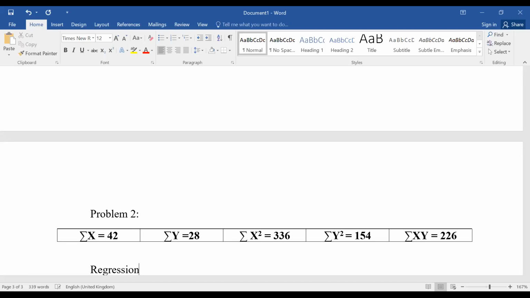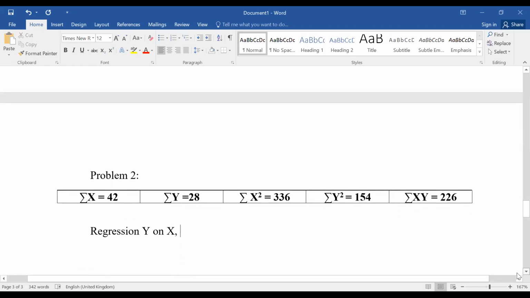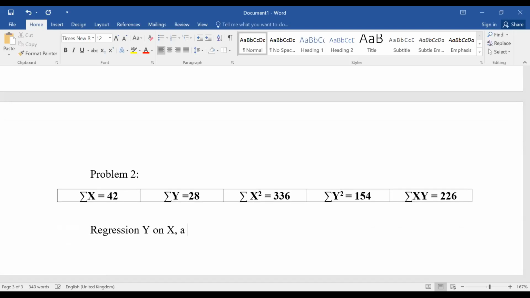Now the regression Y on X. Okay, so you know the formula. So substitute these values in the formula and get the A value, B value. First tell me what is the A value, and the B value. So that equation will be Yc, right?